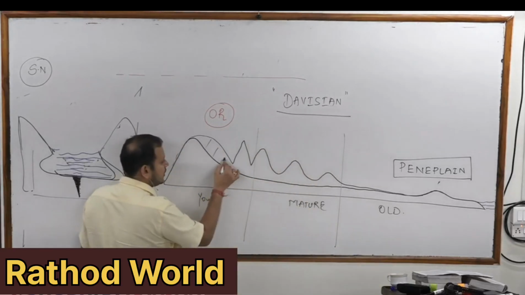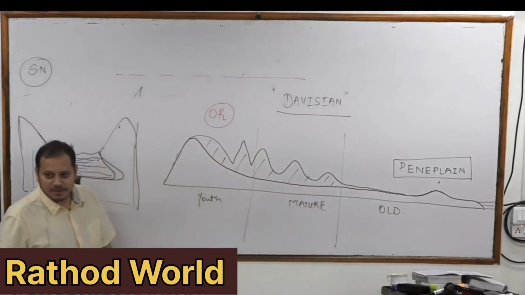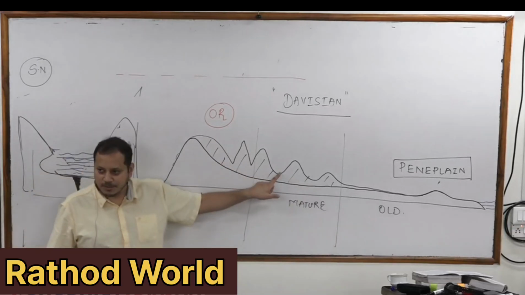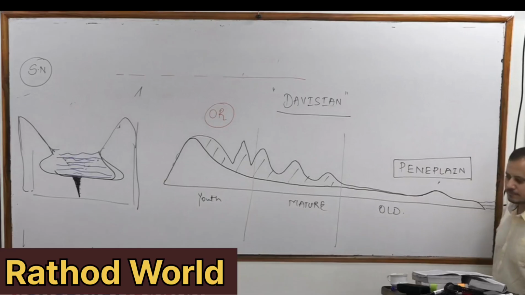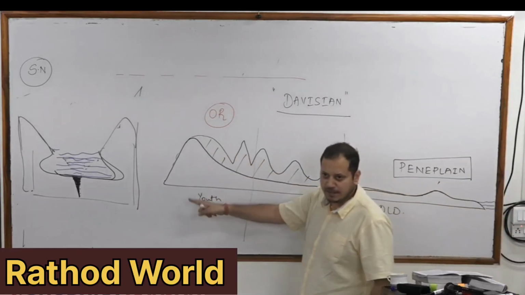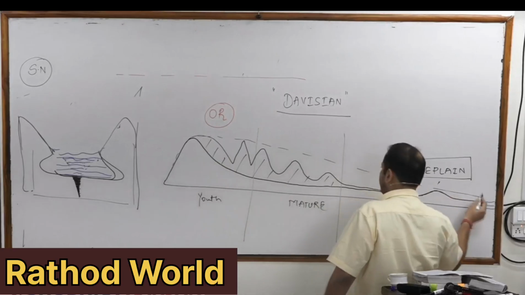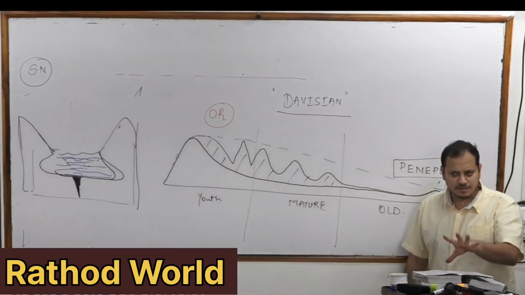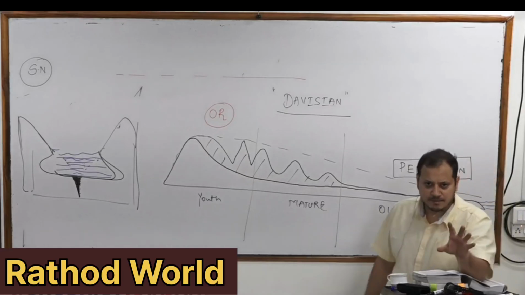You will not understand that diagram right now, it will be highly complex. But this diagram is nothing but V-shaped valleys, U-shaped valleys, and then peneplain. Fine. This is the initial height of the landform, and ultimately this initial height of the landform will keep on reducing and become a peneplain. So this is how the diagram is. So no need of drawing a diagram, just we should know some of the examples.